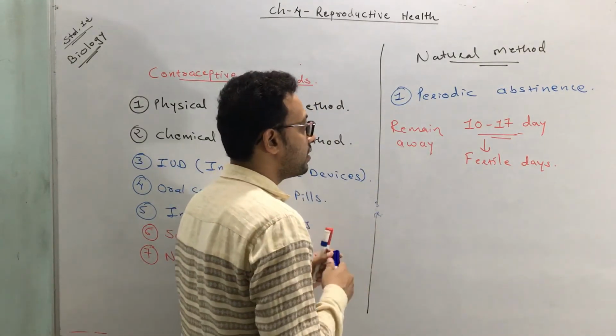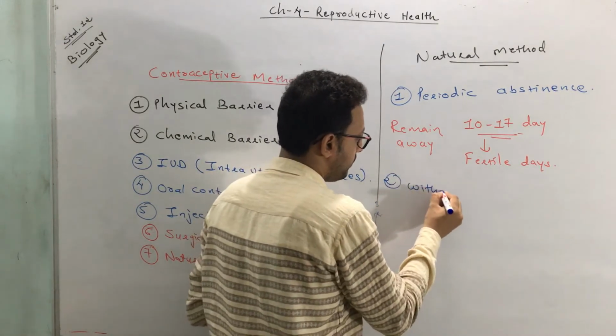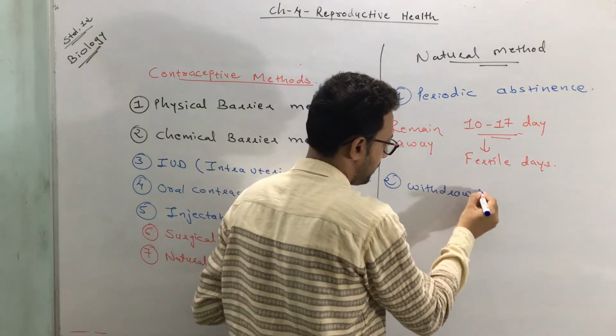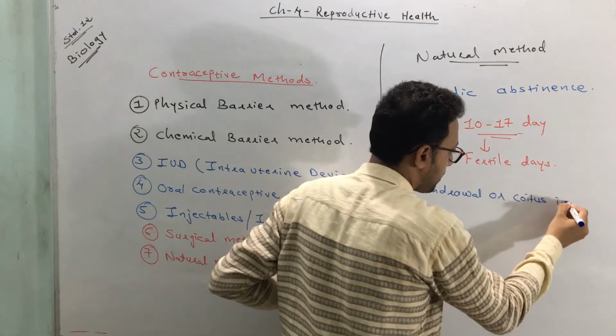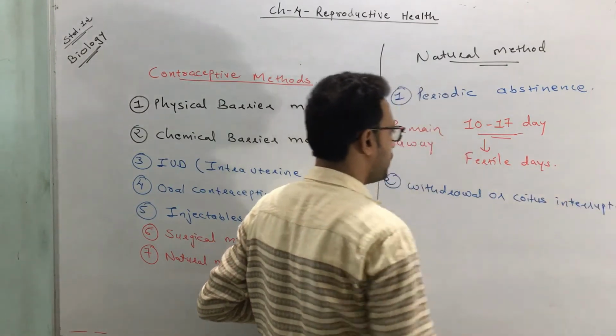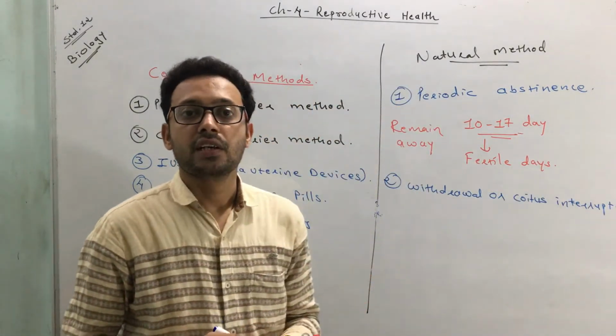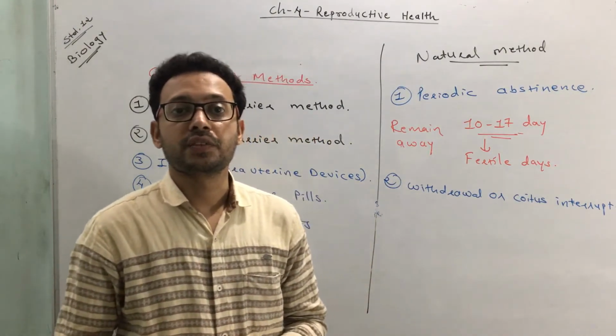The second method is called withdrawal, or it can also be called coitus interruptus. What is called withdrawal?